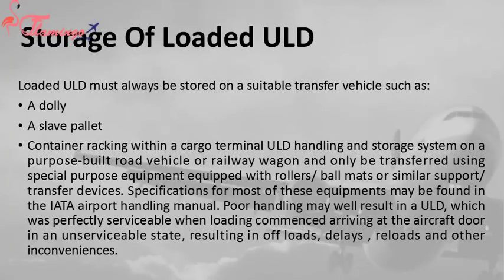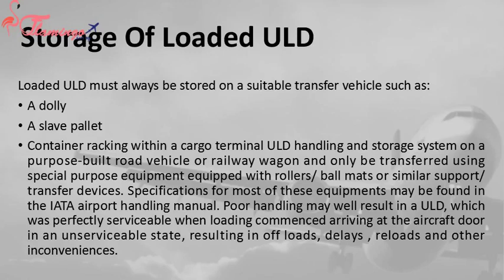Loaded ULD must always be stored on a suitable transfer vehicle such as a dolly, a slave pallet, container racking within a cargo terminal, a ULD handling and storage system, or a purpose-built road vehicle or railway wagon, and only be transferred using special purpose equipment equipped with rollers, ball mats or similar support/transfer devices.